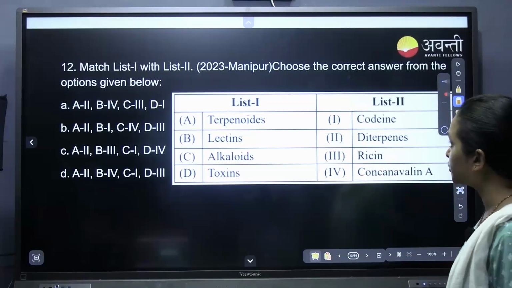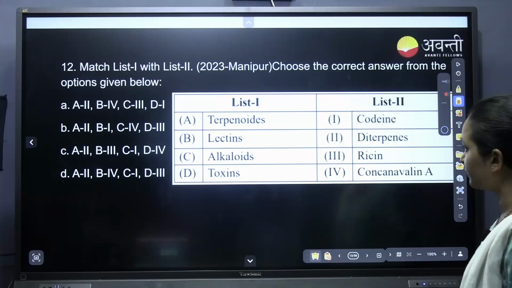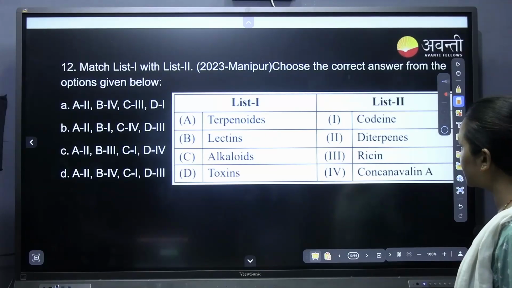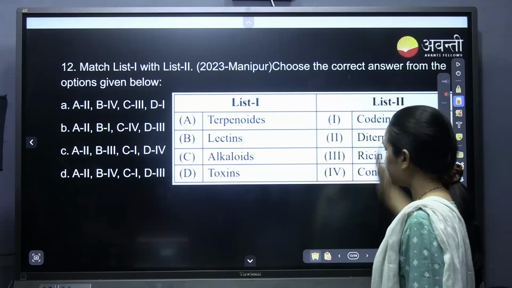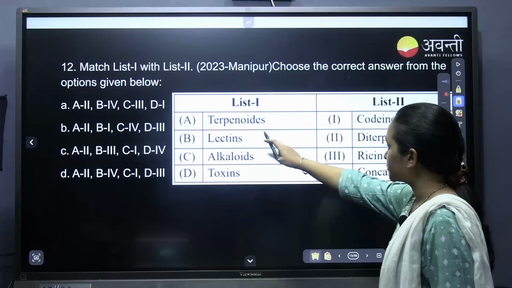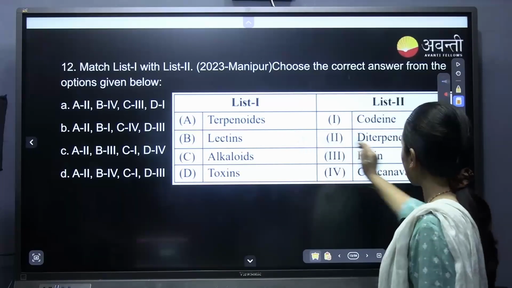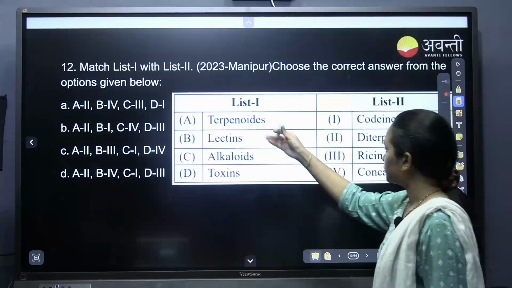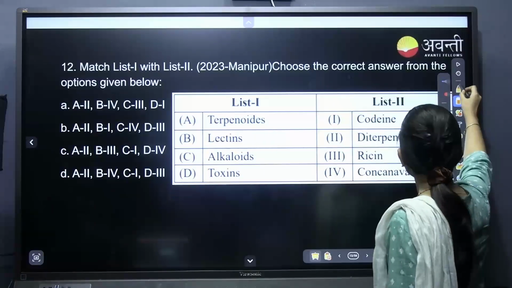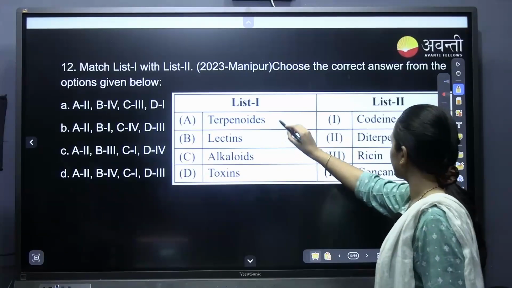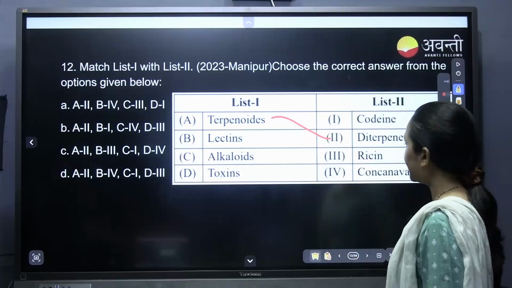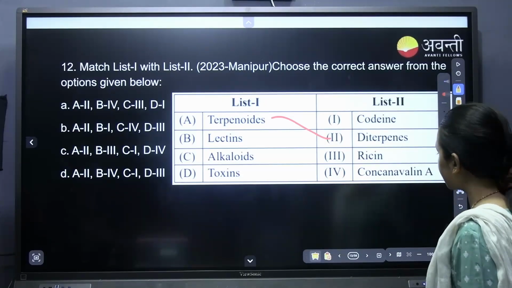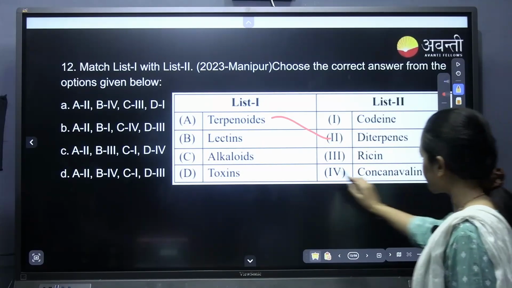Match list 1 and 2. Choose the correct answer from the options. Here we have secondary metabolites: terpenoids, terpenes, diterpenes. Diterpenes are terpenoids. Concanavalin A is a lectin.